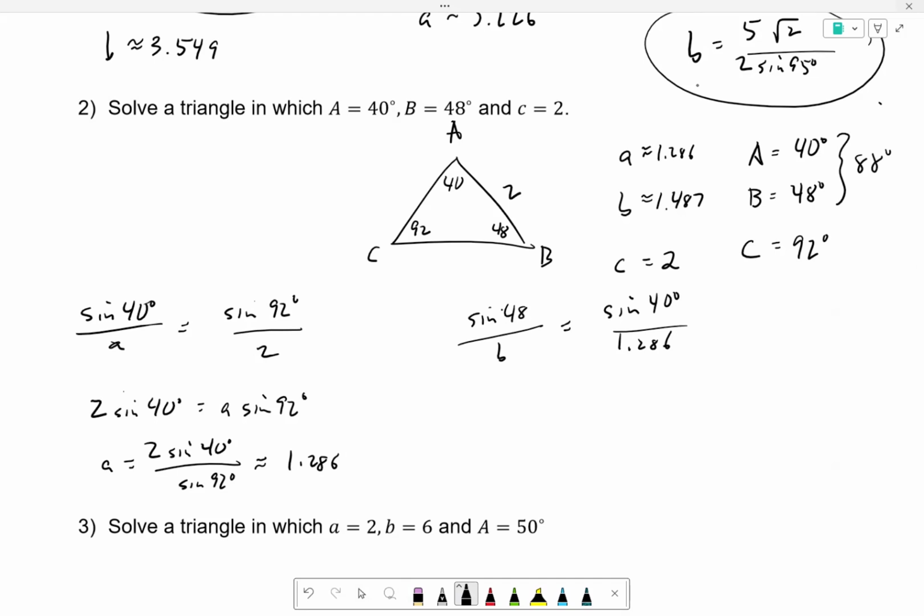What's terrible about this? It's not exact. When you have a choice, please use the exact numbers, which I imagine you did. Keep that in mind. Any questions?